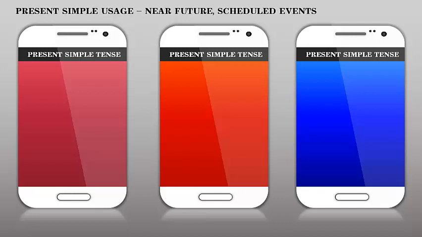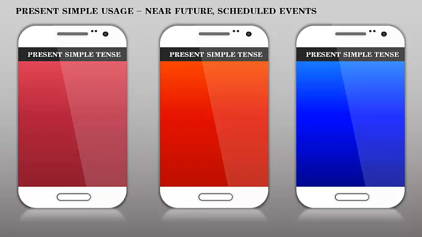Speakers actually use the present simple tense to talk about something that will happen in the near future. Now this can be a little confusing, but we are not using the future tense, we are using the present simple tense. It's possible to do that, and it's actually common for people to do that.